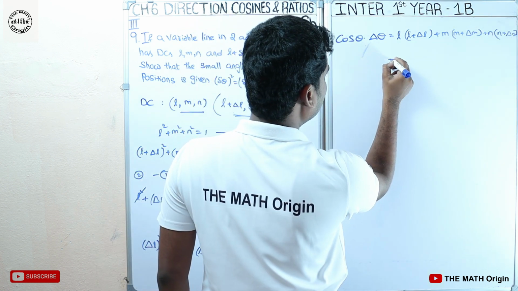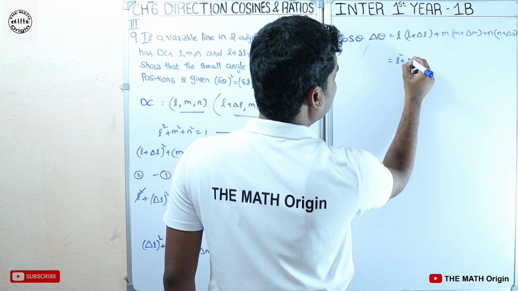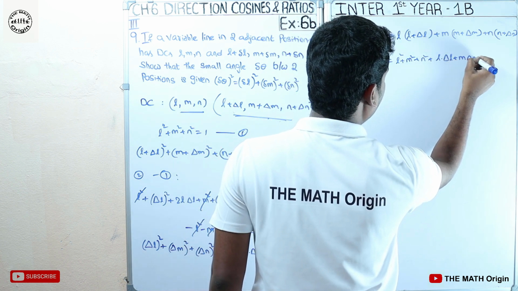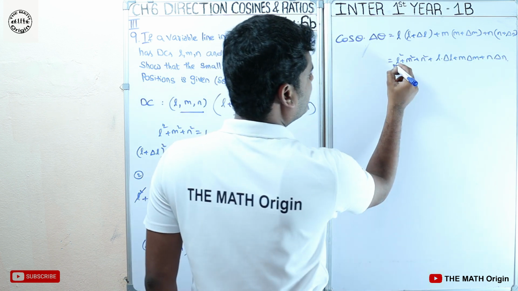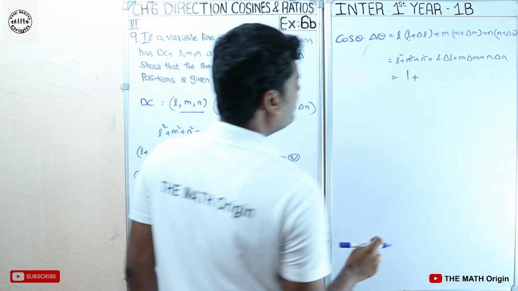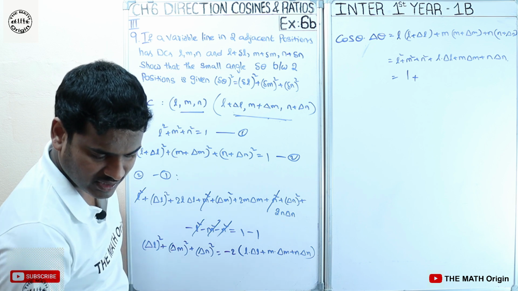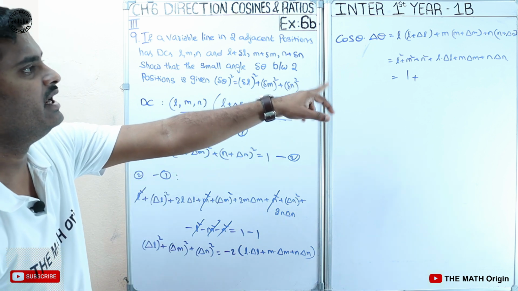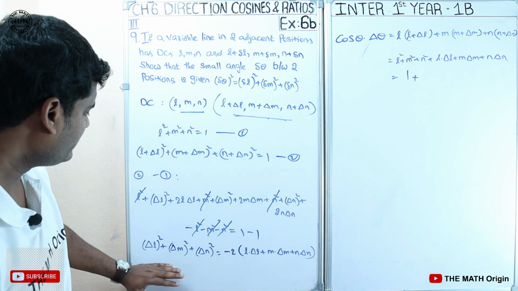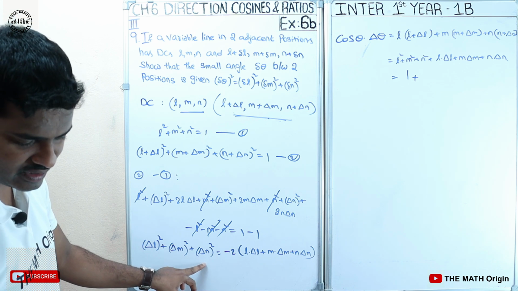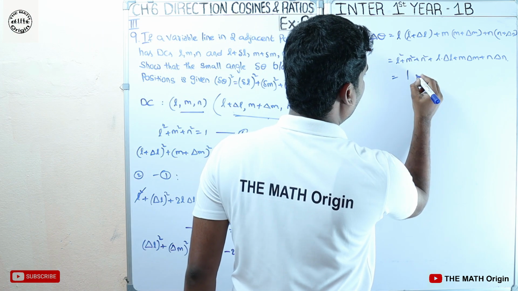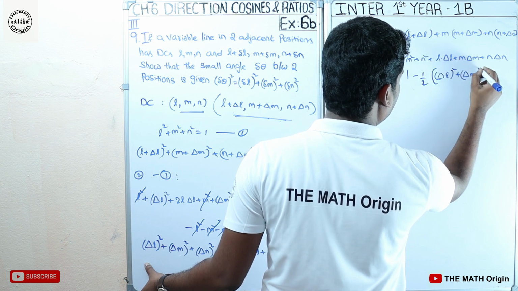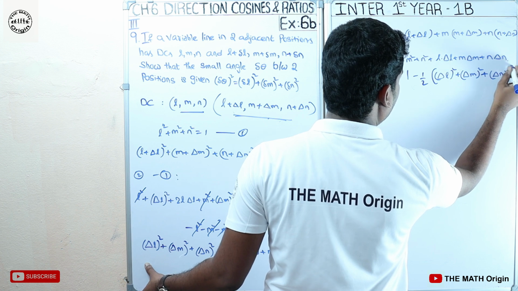Therefore that is equal to L square plus M square plus N square plus L into delta L plus M into delta M plus N into delta N. The L, M, N value is 1, plus L delta L plus M delta M plus N delta N, whose value will be minus 1 by 2 of delta L square plus delta M square plus delta N square.